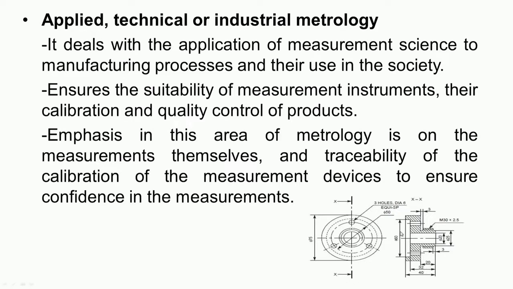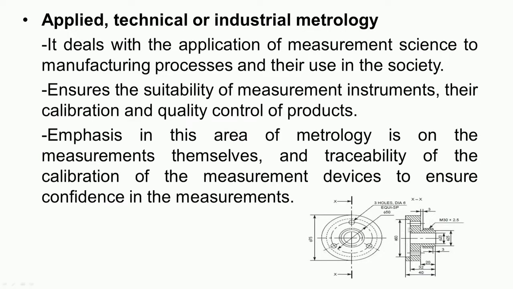Now to measure all these parameters, we need to select appropriate instruments. Sometimes we may require the measurement of parallelism between 2 surfaces, and then perpendicularity between 2 surfaces, and then what is the form of the drilled hole, whether there is any taper or whether it is bell shaped or drum shaped, or whether any out of roundness is there.